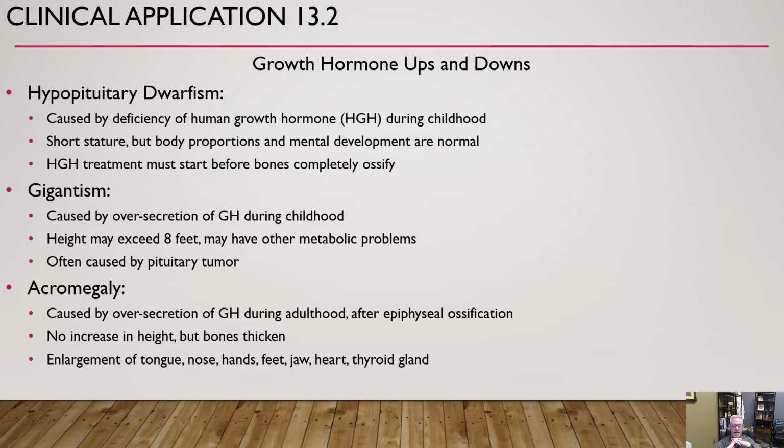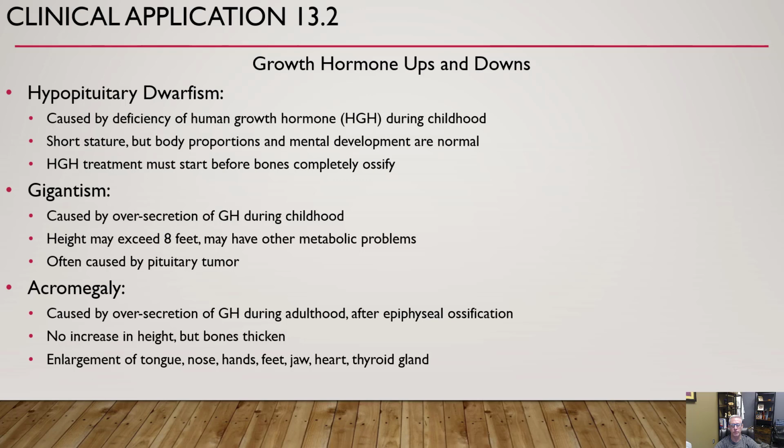Gigantism is usually caused by a pituitary tumor that causes an oversecretion of growth hormone, so that all of your long bones grow abnormally long and cause you to be really, really tall, sometimes over 8 feet. And usually you don't live well into your 40s with gigantism, because you have a lot of metabolic problems. Acromegaly doesn't show up until adulthood.